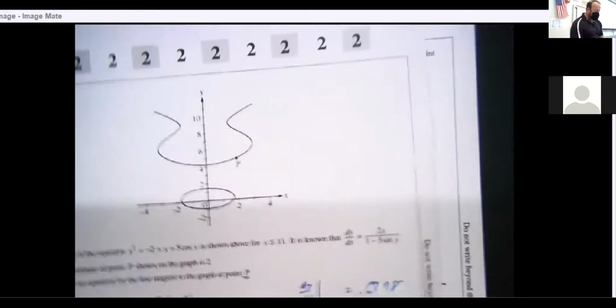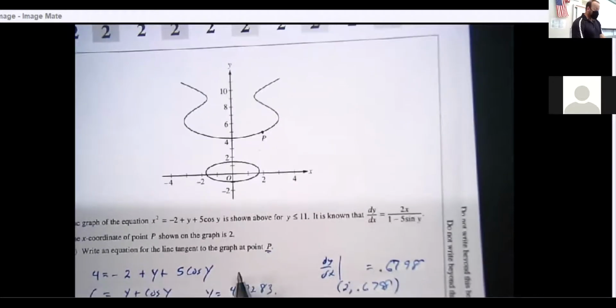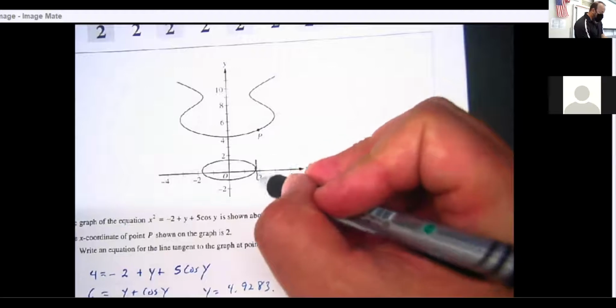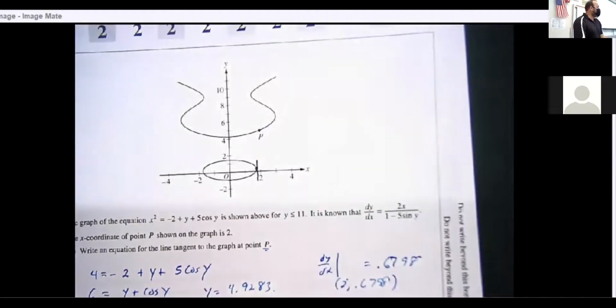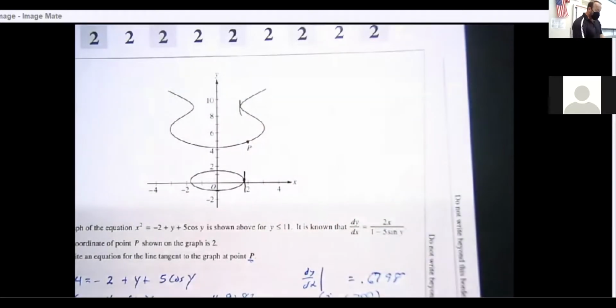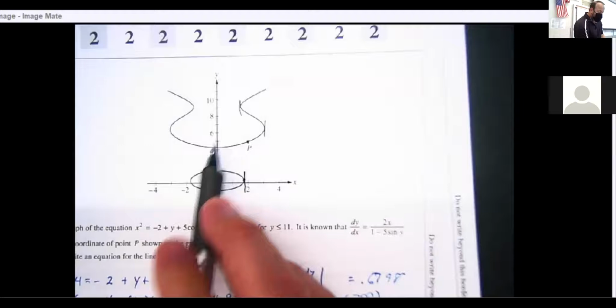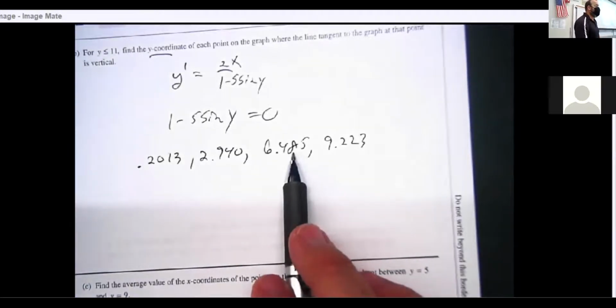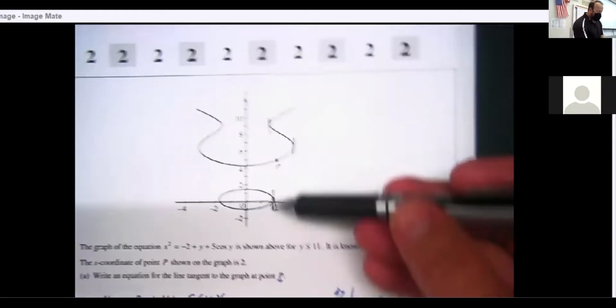Does 0.2 make sense for y? Does this number right here sound plausible, that that was 0.2 units up? That does. Does the number 9.2 seem plausible? Like right here, does that seem plausible? What about this guy right here? That looks like somewhere around 7, so that makes sense right here. But what about 2.94?